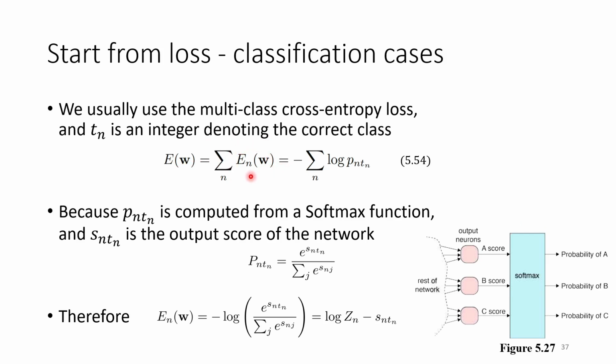For each training instance, the loss is the probability for the correct class, taking the negative log value. Why is it a negative log value? Because all probability values must be between 0 and 1. And let's see the log value. Okay.